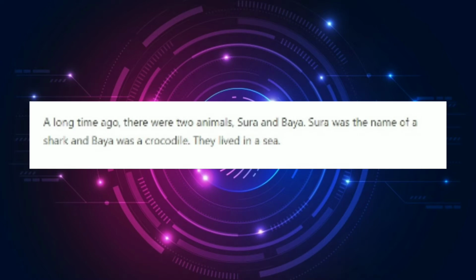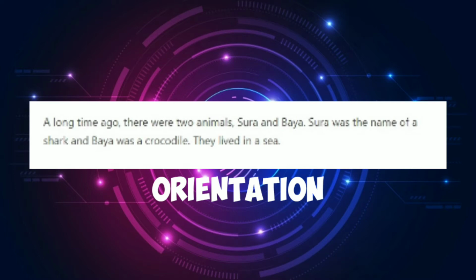We know that the first paragraph consists of setting the scene and mood, introducing characters, and includes when, where, who, or what. If the first paragraph consists of those kinds of explanation, we can call it orientation.